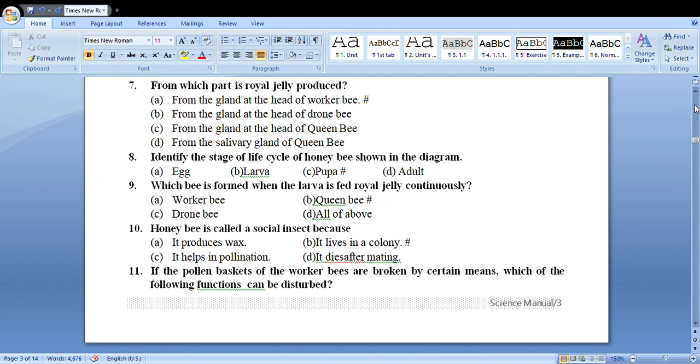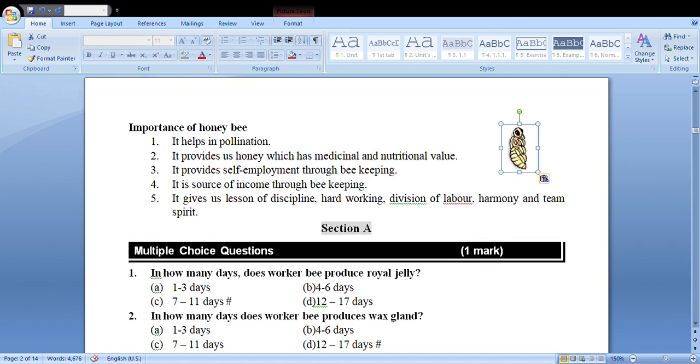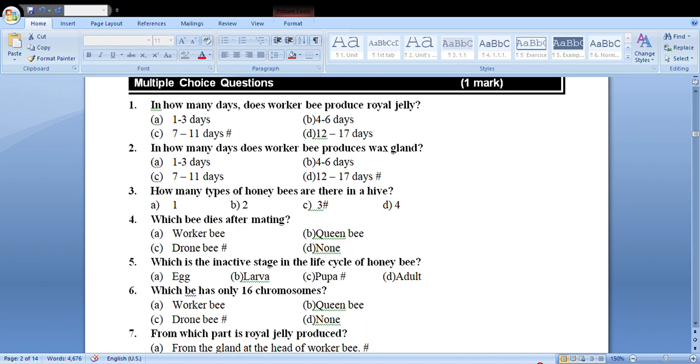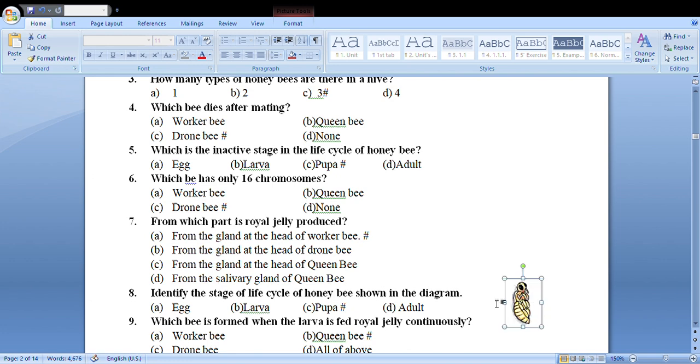The diagram might be somewhere here. This diagram. Yes, this diagram.